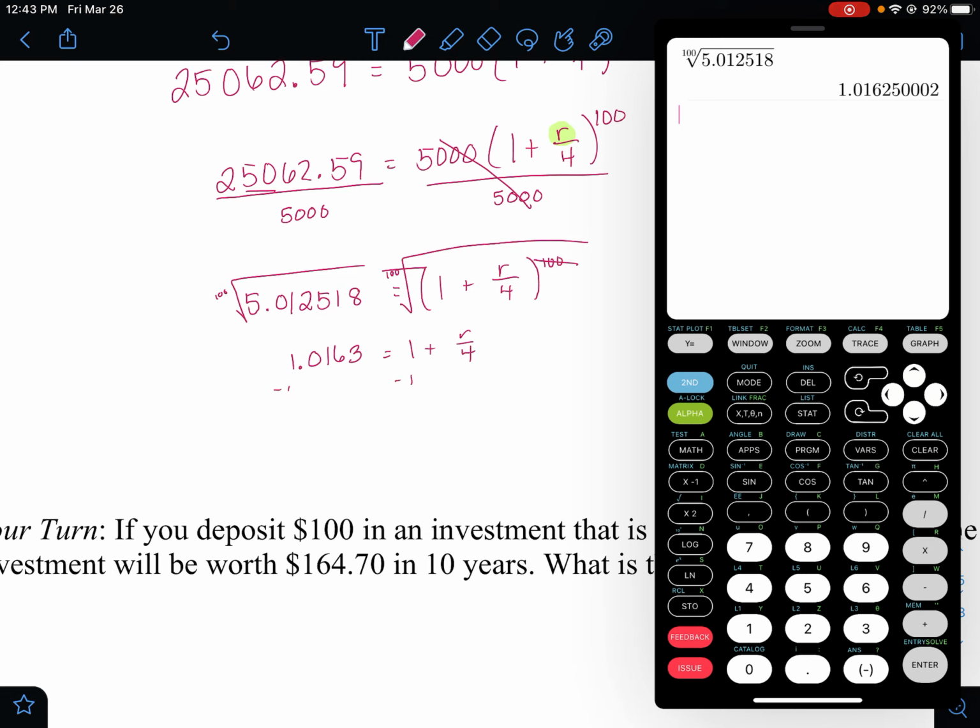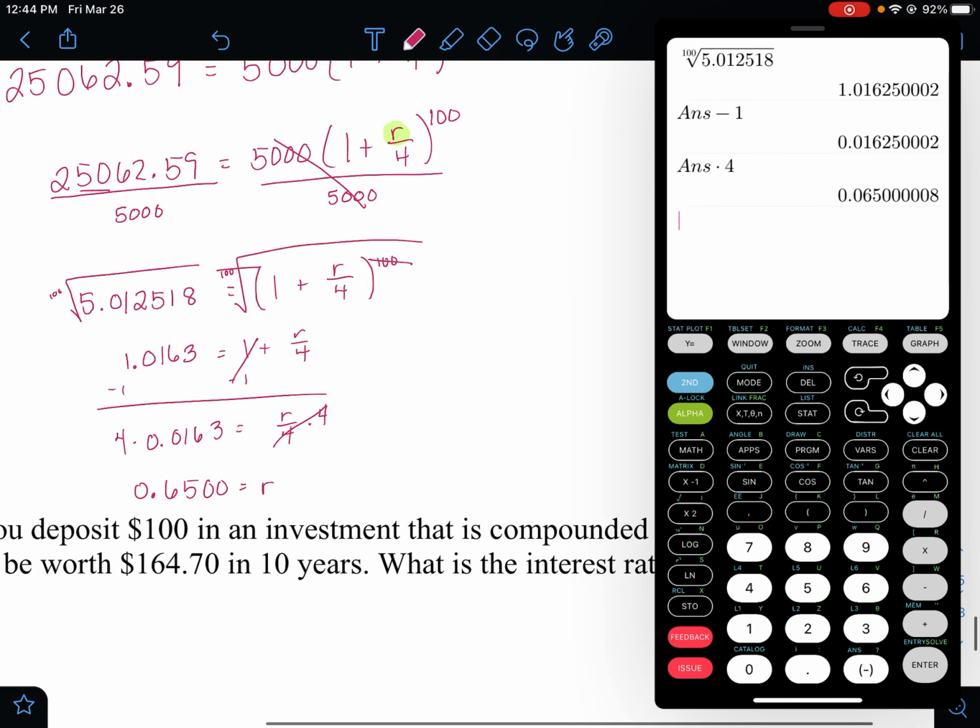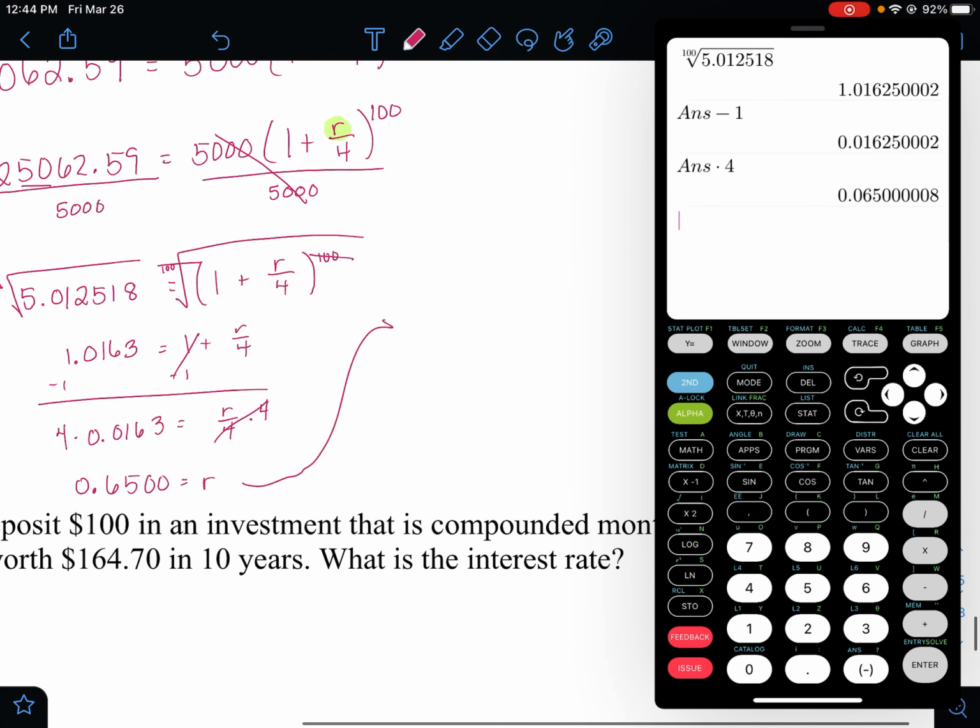Now we're going to subtract 1 from both sides. And now multiply both sides by 4. There we go. So we get 0.0650 is R. Hang on, I forgot a 0.